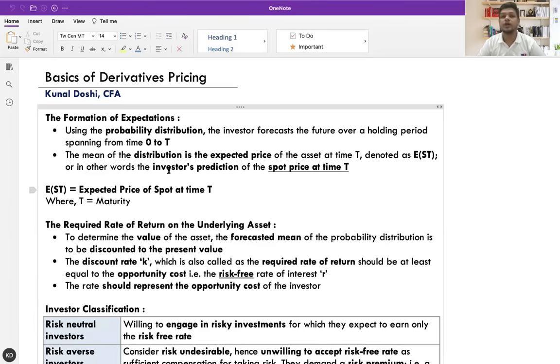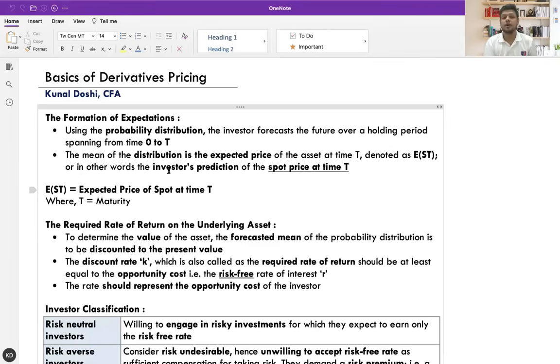Here, what we are going to see is how much the investor is willing to pay for the derivative instrument. Why? Because derivatives are prices of assets not today, but at some point in the future, right? So how much are investors willing to pay for a stock 1 month later, 2 months later, 3 months later? That's what a derivative is.